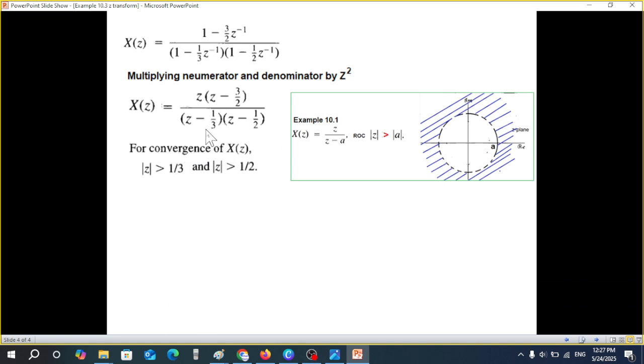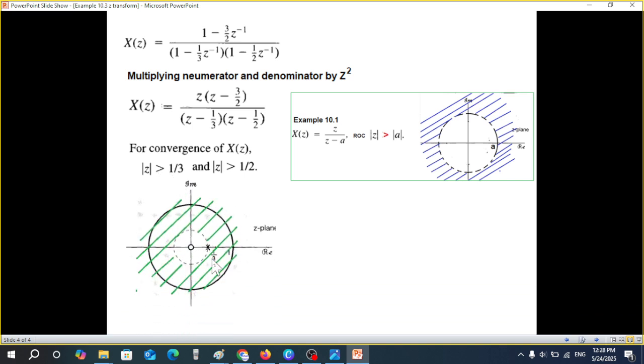We will focus on the denominator because that is what causes the pole. So for convergence of X(z), this one has to be greater than 0. That means mod of z has to be greater than 1 over 3. And for the second case, mod of z has to be greater than 1 over 2. Now let's see them graphically.